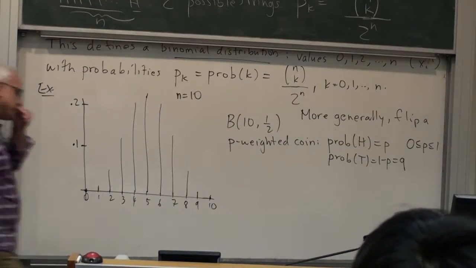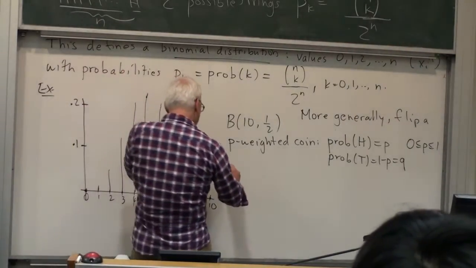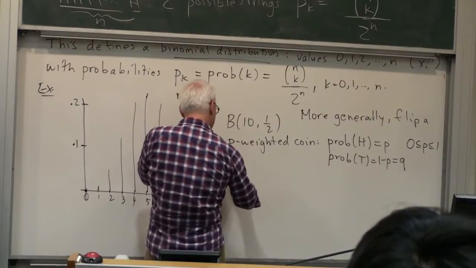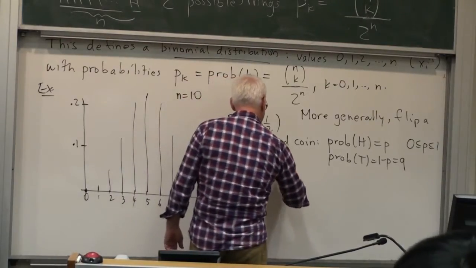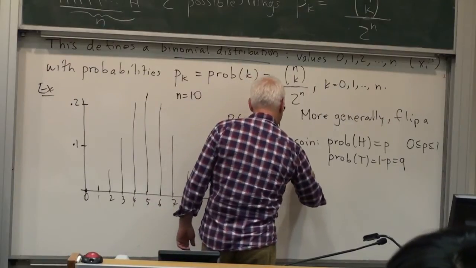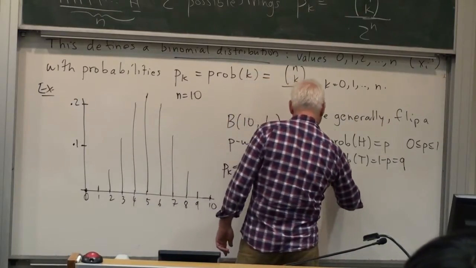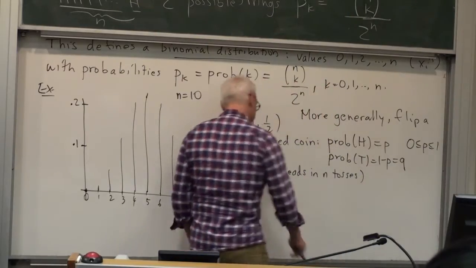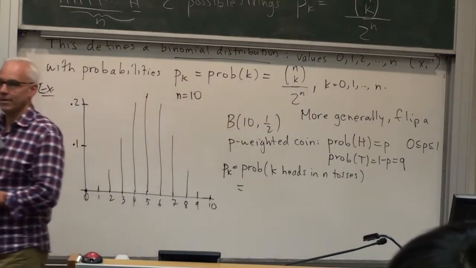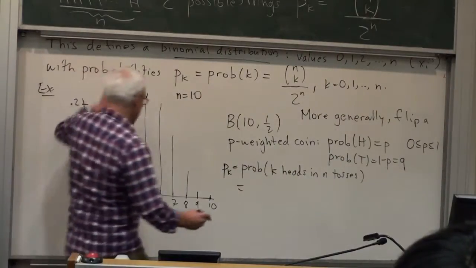So with this more general situation, the probability, P sub K, the probability of getting K heads in N tosses is, it's the same situation as before.